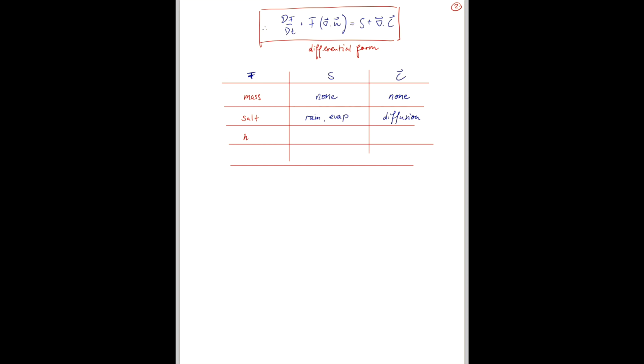Another example is heat. Heat would dissipate within the volume, and then it can also diffuse out of the volume or radiate. Another example would be algae. Algae would grow, die, or could be predated on, and they can also diffuse into or out of the domain, out of your volume.